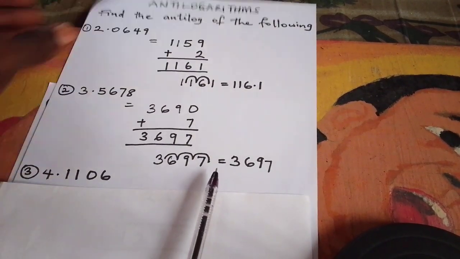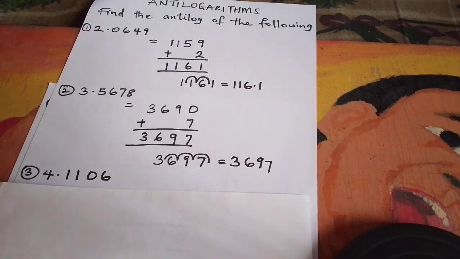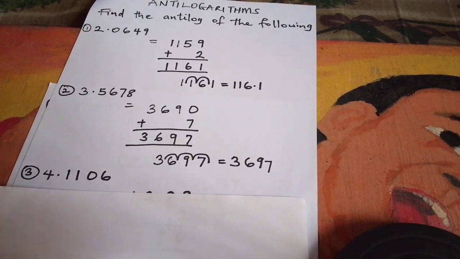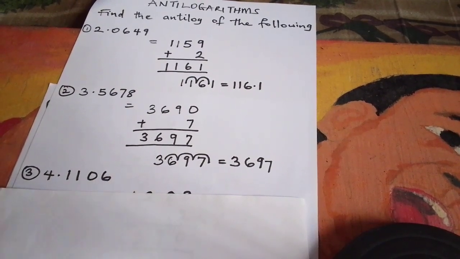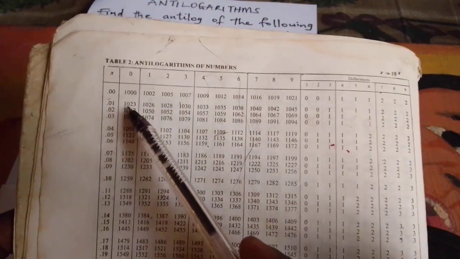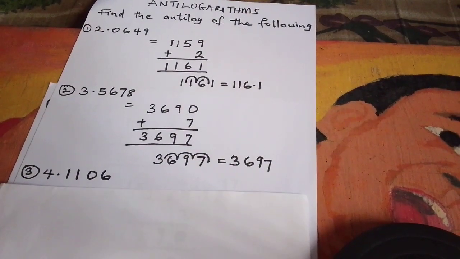Let's do another example. 4.1106. With 4.1106, again you are going to look for 0.11 under 0, difference 6. So come to your anti-logarithm table. This is 0.11 under 0.